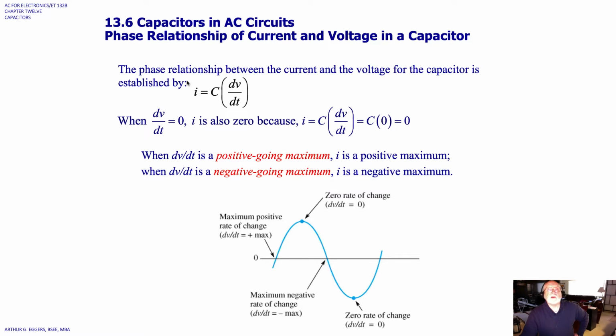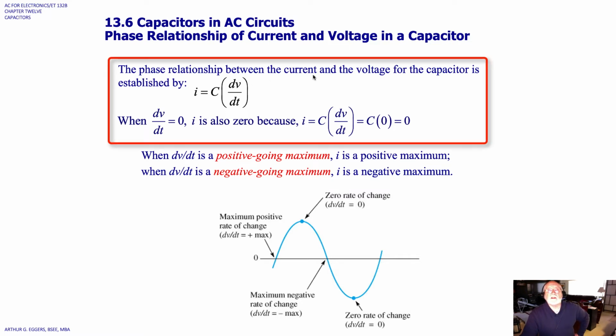The phase relationship then between the current and the voltage for the capacitor then is defined by the expression that we just developed. The instantaneous current I, you could say I of t, is equal to the capacitance times the rate of change dV by dt, or as the voltage changes with time.